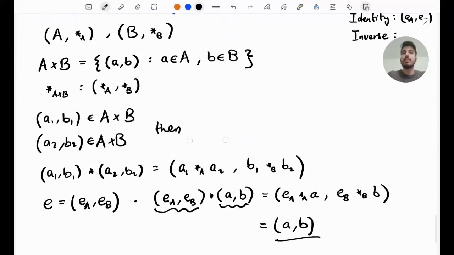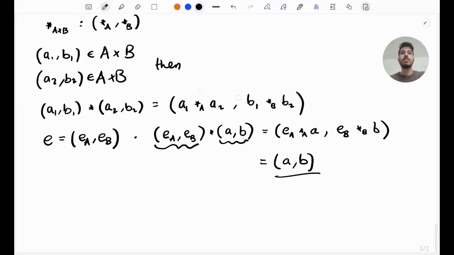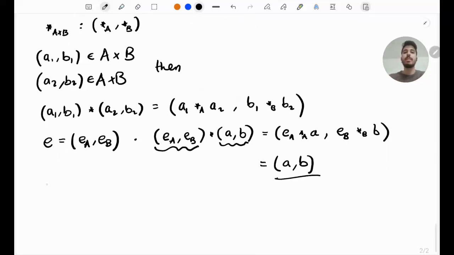Lastly, the inverses. Just like the identity, just like the operation, we will naturally get the inverses of both the element from A and from B. So we get (a inverse, b inverse) star (a, b).